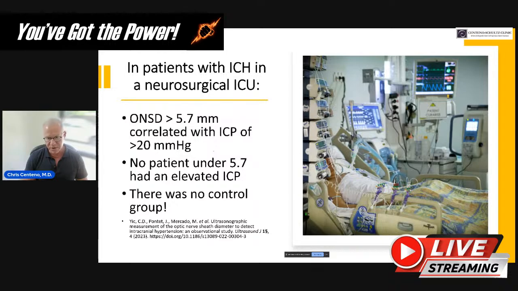So that's better, but there's still no control group. We don't know what the diameters of the doctors or nurses were, what their optic nerve sheath diameters were, people who were caring for these patients, meaning people without any problems. What is their diameter?